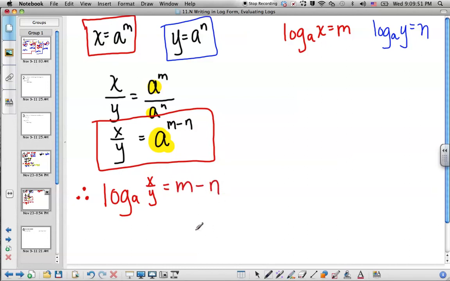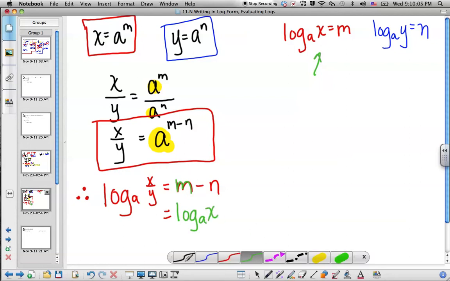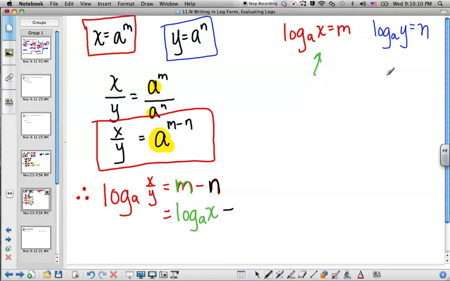So now we can substitute in our values for m and n. I know that m is, look back up here, log base a of x, so I'll write in log base a of x. And I know n to be, minus, our n is log base a of y.